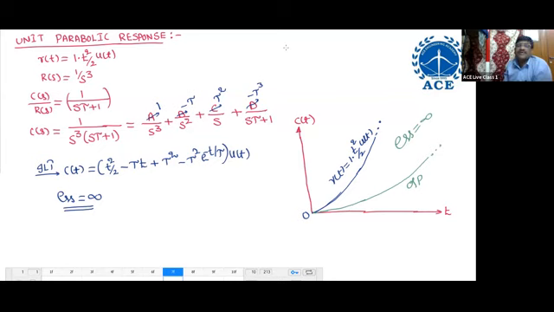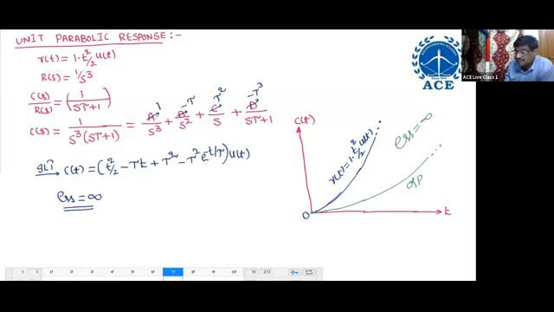For the first order system, the simple step is important. At t equals 0, it is 0 only, no? Substitute t equals 0: this is 0, this is 0, this will become 1, tau square cancels. That's why it starts from 0. Output also starts from 0, input also starts from 0 only.